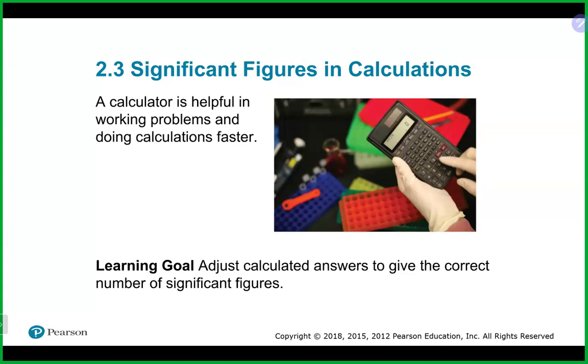And as I mentioned several times, your calculation is only as good as your worst measurement. And that is what helps us decide how many significant figures we should have in a calculation. Also, that's why it's really important, if you are taking measurements, that you take them to the proper number of significant figures, because if you screw up your measurement and make it worse than it should be, you also just screwed up your calculation, and it's going to be a worse calculation than it should be in terms of significant figures.